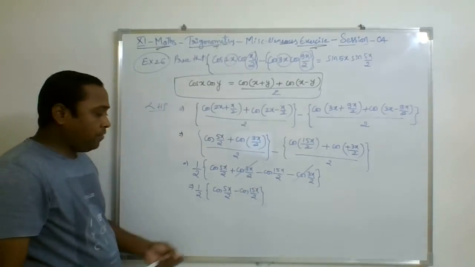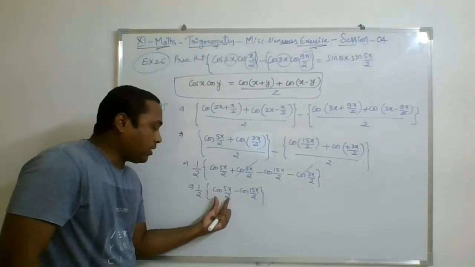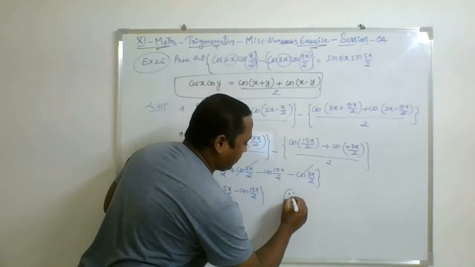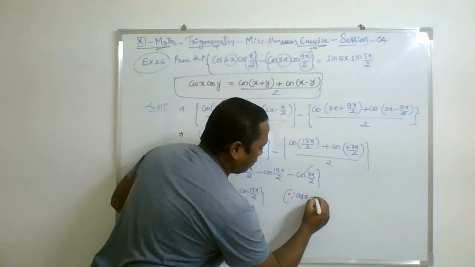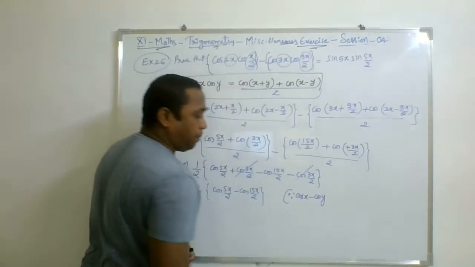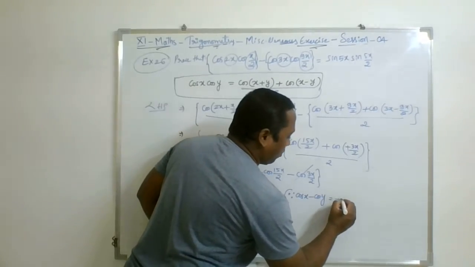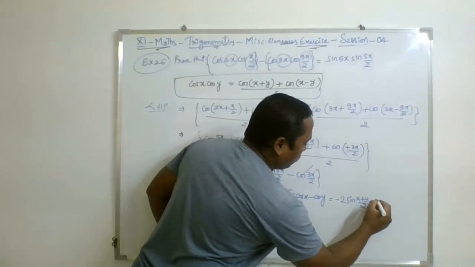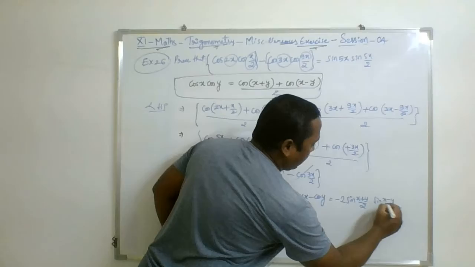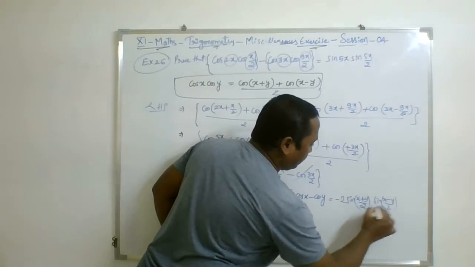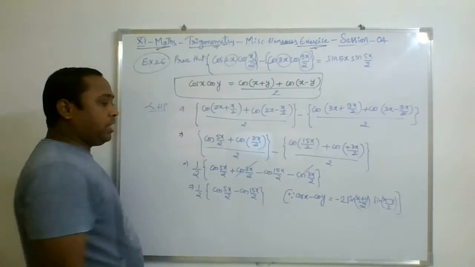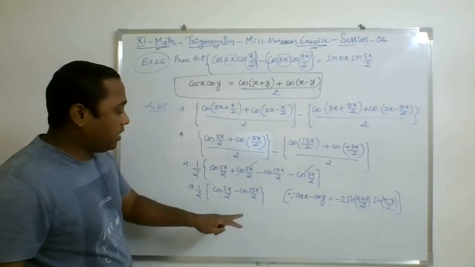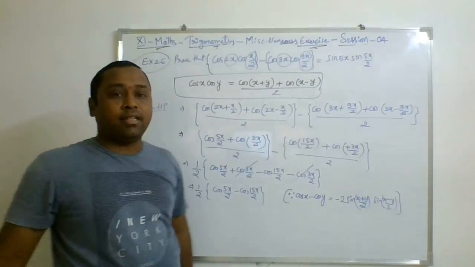Now what you have observed? It reduced to the cos x minus cos y formula. And you know what the cos x minus cos y formula is? Cos x minus cos y is basically minus 2 sine of x plus y by 2 into sine of x minus y by 2. With the help of this formula, I can reduce this expression and get the desired answer.